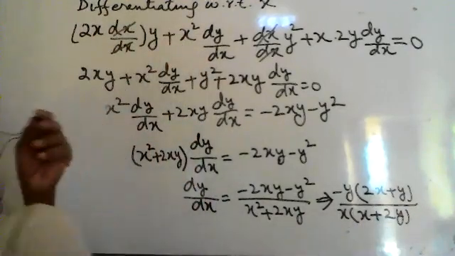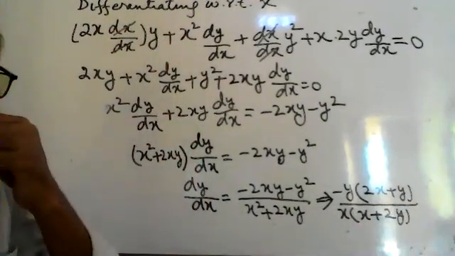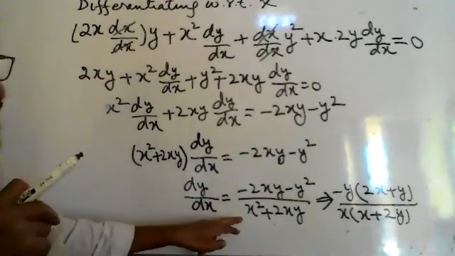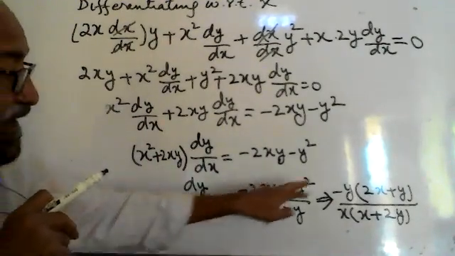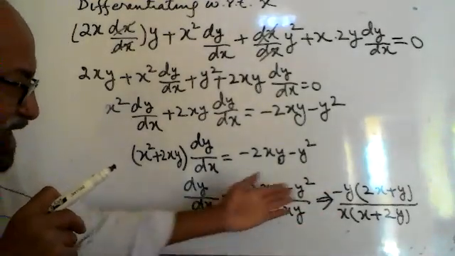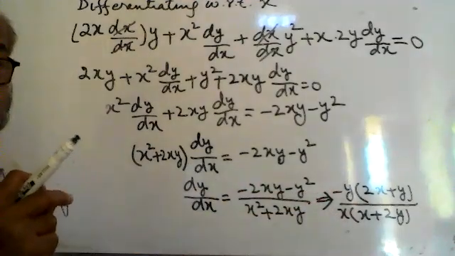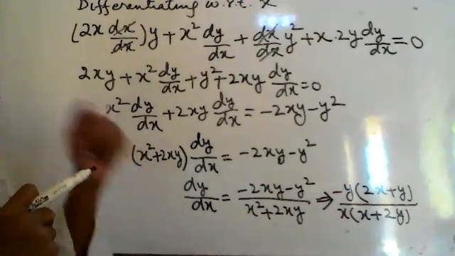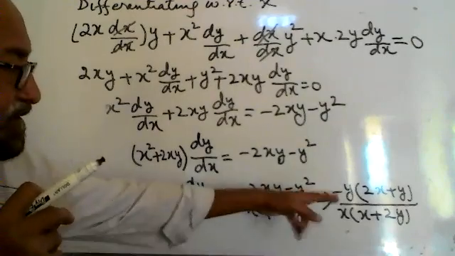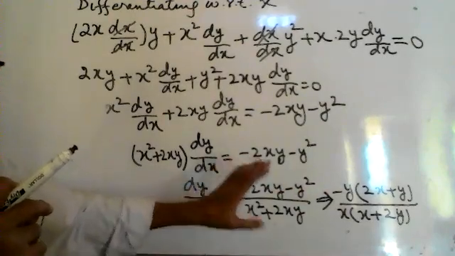This is the answer. If you leave it up to here, this is also correct. If you simplify in this way, this is also correct, because nothing is being cancelled here. Therefore, if you leave it up to here, that's also enough.